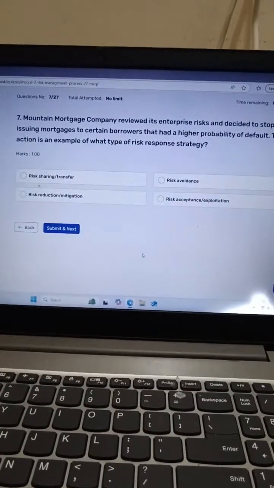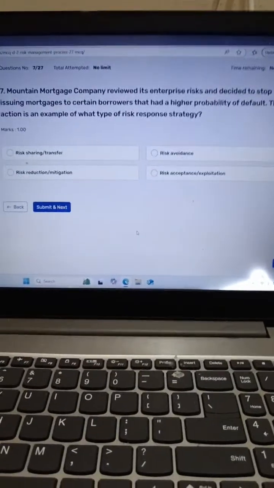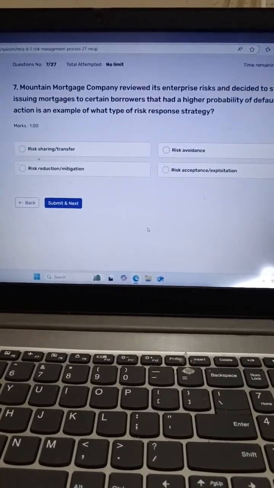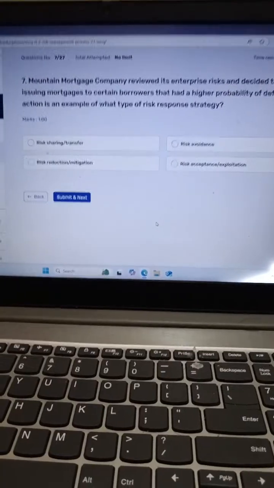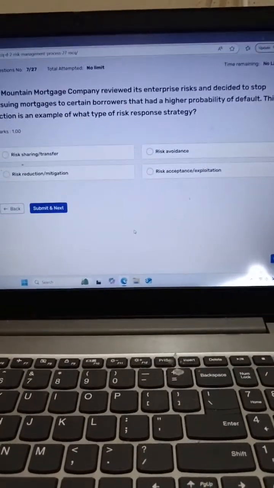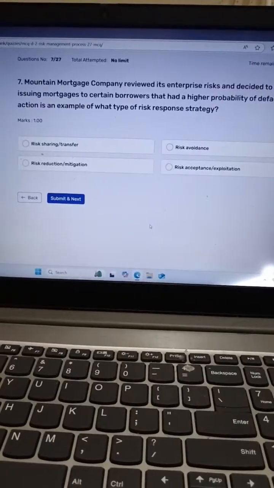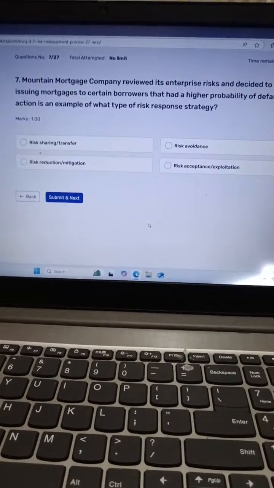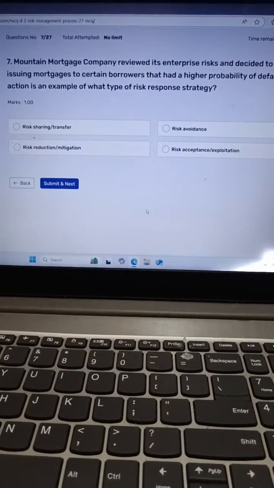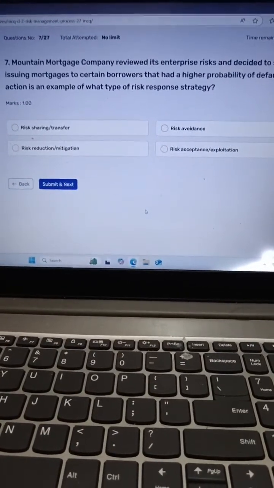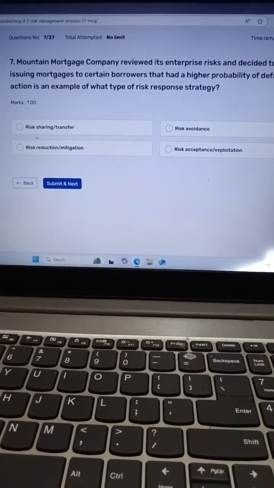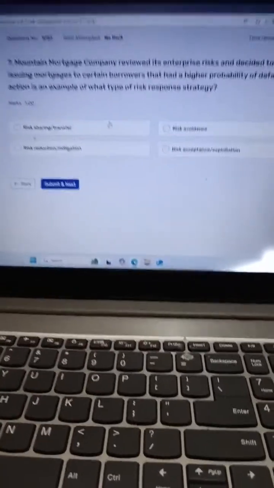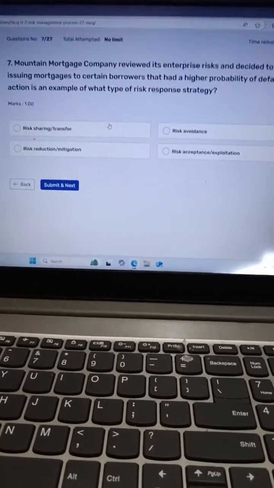Question number 7, maybe I cannot share the screen. The main problem is this is a paid version of questions, so I cannot share. That is why I'm just showing the questions. Each question is very important, and the concept is also very important. Screen sharing is not allowed here, that's why I have to show it this way. Else I could share the screen, but there is no screen sharing option, and this is already restricted.